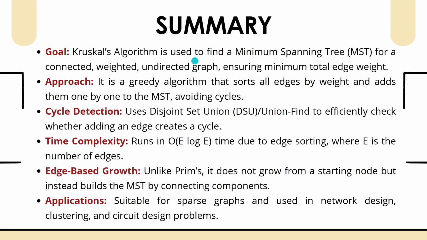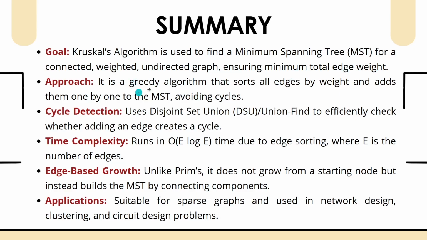The objective of Kruskal's algorithm is to give a spanning tree whose total edge weight is as minimal as possible. Just like Prim's algorithm that we learned before, it also makes use of the greedy approach. It first sorts all the edges by their weight and then adds them one after the other to the minimal spanning tree so as to avoid cycles.